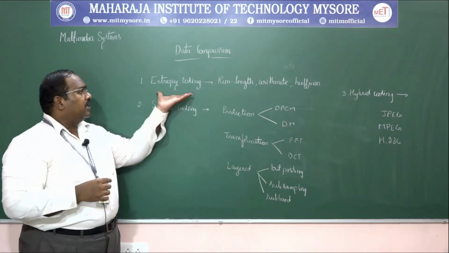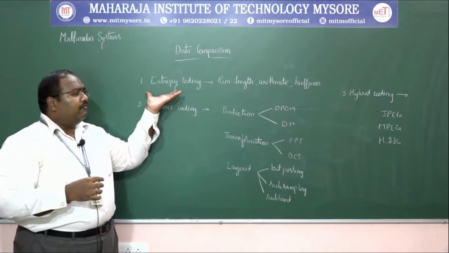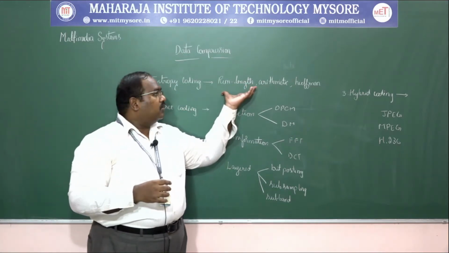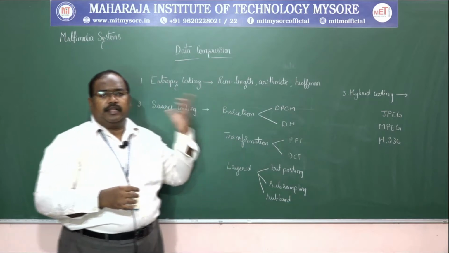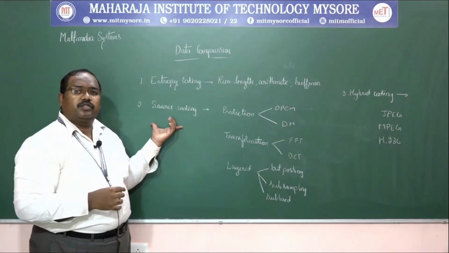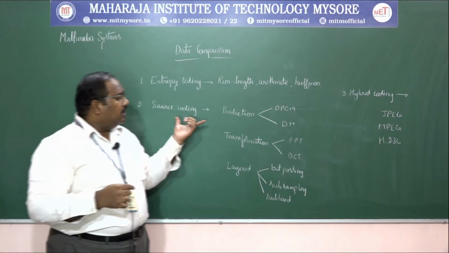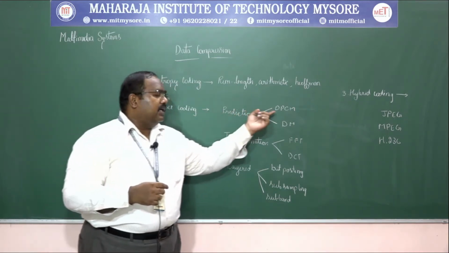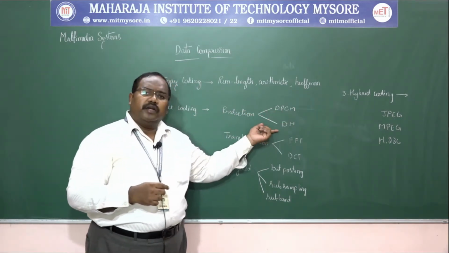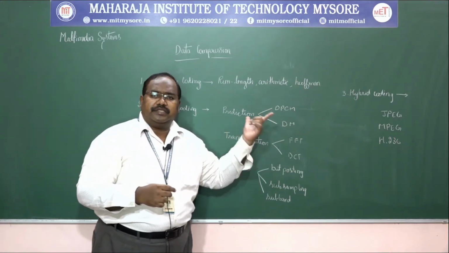So as discussed, entropy is lossless coding. Under the lossless coding, we will be learning about the run length algorithm, arithmetic coding algorithm, and Huffman techniques. And with respect to source, it is a lossy kind of coding. In this technique, the first one is prediction. Under prediction, we have DPCM and also DM methods. Under transformation, we have FFT and DCT.